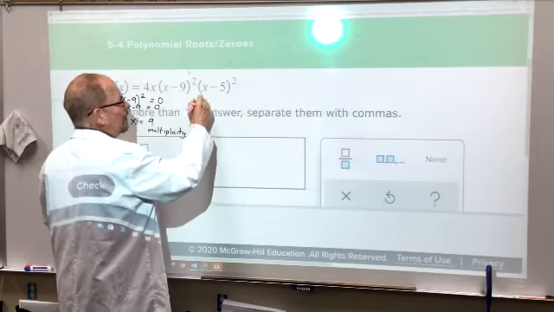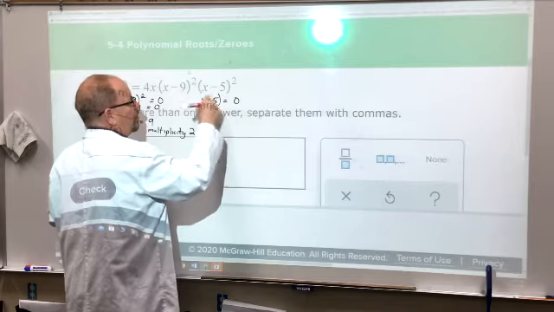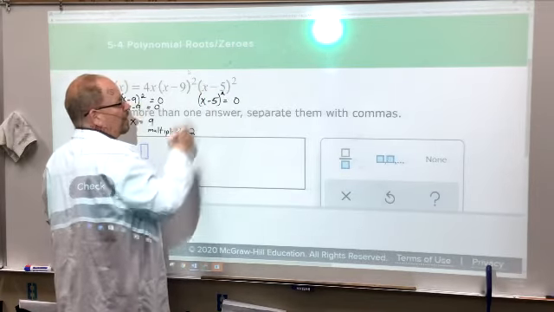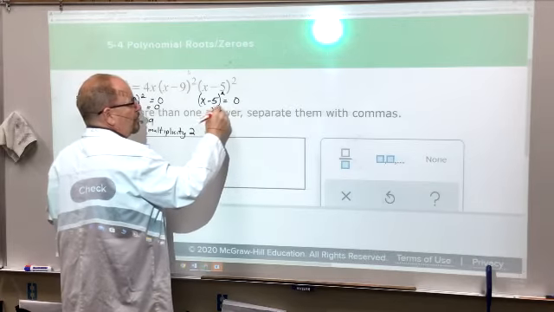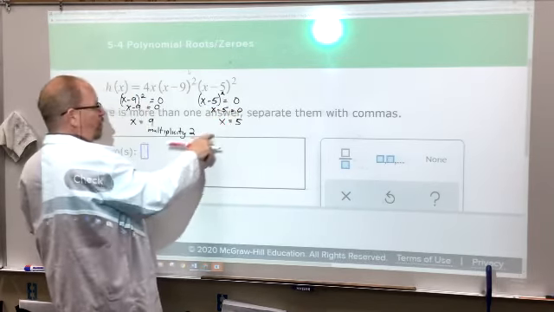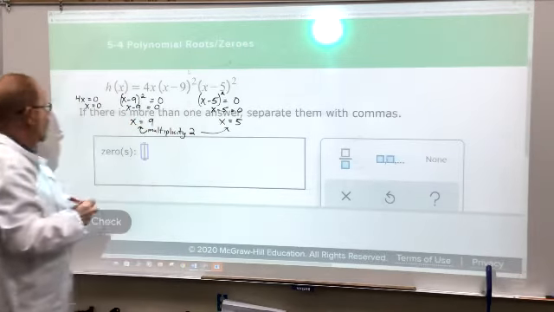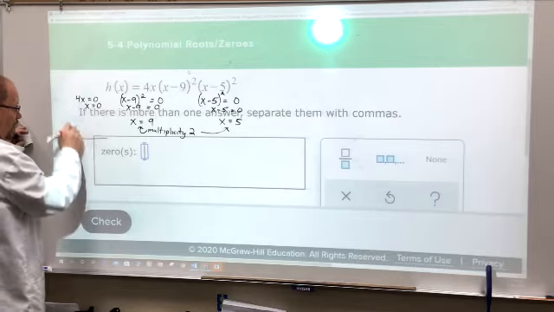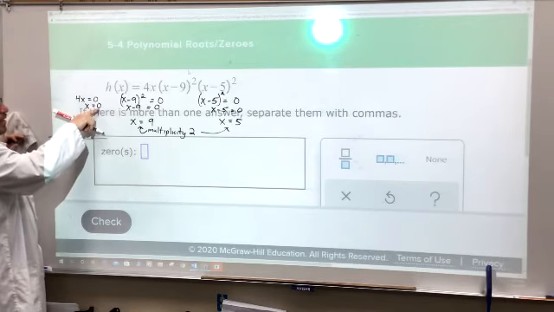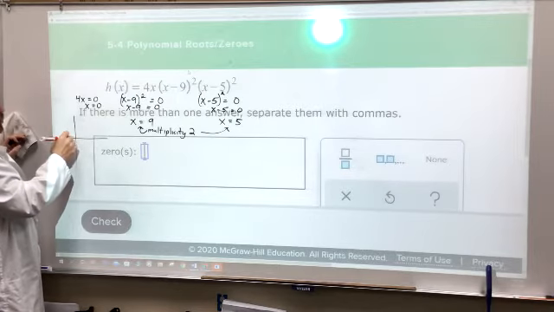Now, the next one, x minus 5 squared equals 0. So take the square root of both sides, right? So x minus 5 equals 0. So x equals 5. Again, multiplicity 2. If I was going to try and graph this, I could do a good job at knowing the zeros here. x equals 0 is a through.